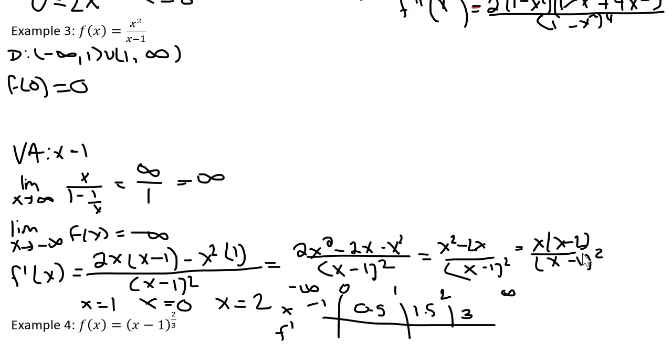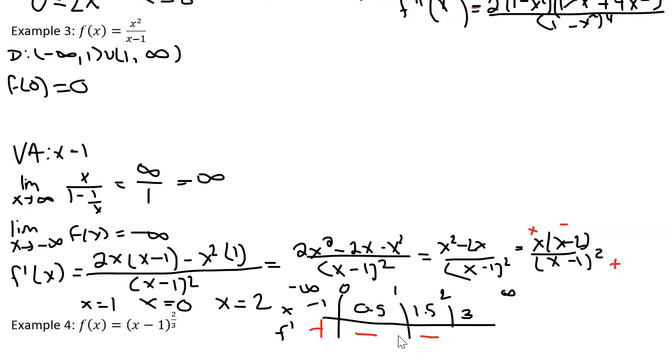If I plug in negative 1, I am going to get a negative, negative, and the denominator is always positive. So two negatives make a positive. If I plug in 0.5, I'm going to get a positive, a negative, and always positive. If I plug in 1.5, I'm actually going to get that same result. And so you can see that 1 is not a local extrema, which we already knew.